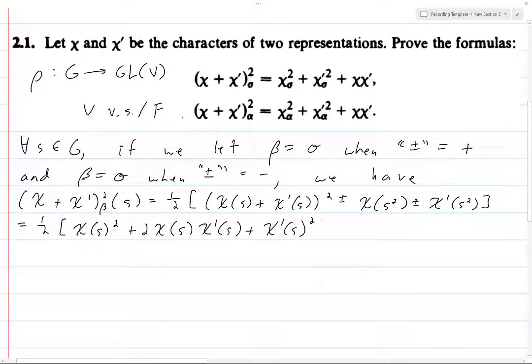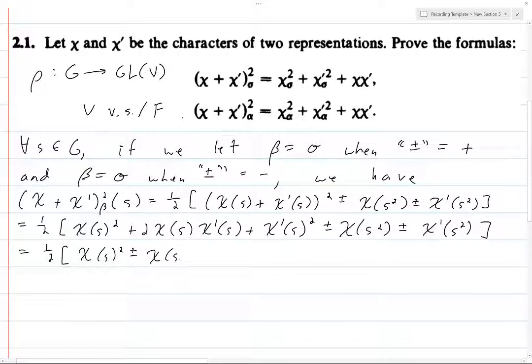So this is chi prime of s squared, and then this is plus or minus chi of s squared plus or minus chi prime of s squared. Okay. So now we have the 1/2, and then we can put the chi of s squared plus or minus chi of s squared together, taking the first one and the one later on.